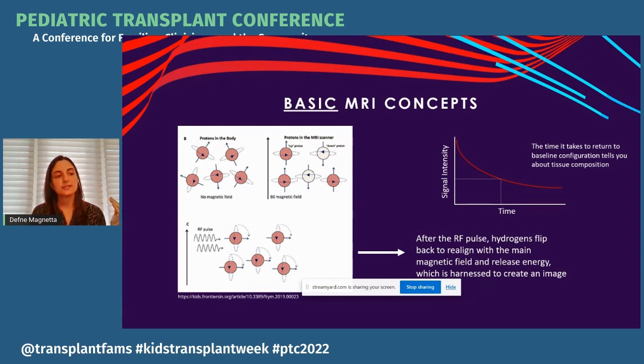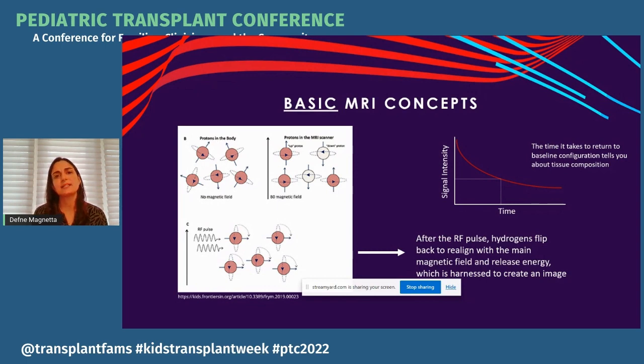And then what happens is a radio frequency pulse is passed through the person and knocks the protons to the side, and then they are slowly flipping back to realign with the magnet at their own time, basically at their own speed. And as they do that, the protons release energy, and that's harnessed to create an image, which we can see as an MRI.